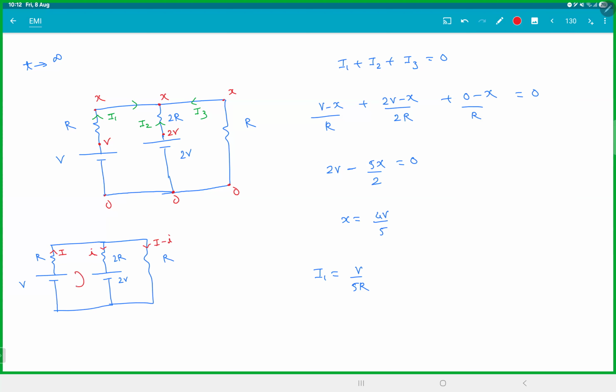Take this loop and this loop. V minus iR minus I into 2R minus 2V is equal to 0. The other loop will be 2V plus I into 2R minus (I minus i) into R is equal to 0. From here, you have to find I. You will get I somehow.